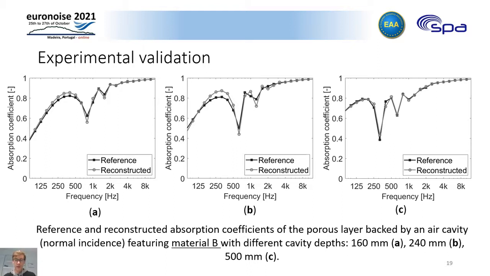And as you can see, the general trend of the absorption coefficient is relatively good. We have a good match between the two. However, you can see that at low frequencies, in this case for the 240 millimeters air cavity, we can have a significant deviation in the 250 third octave band, for example.